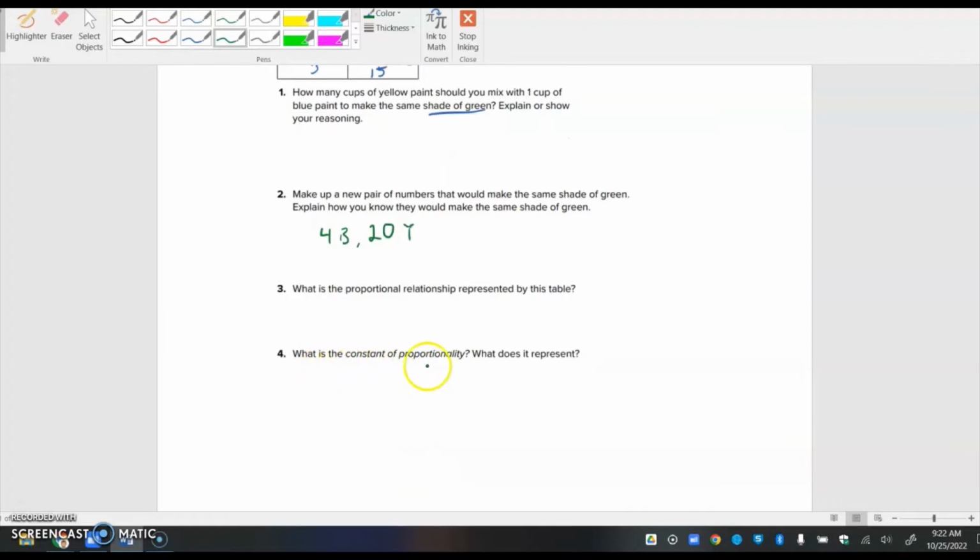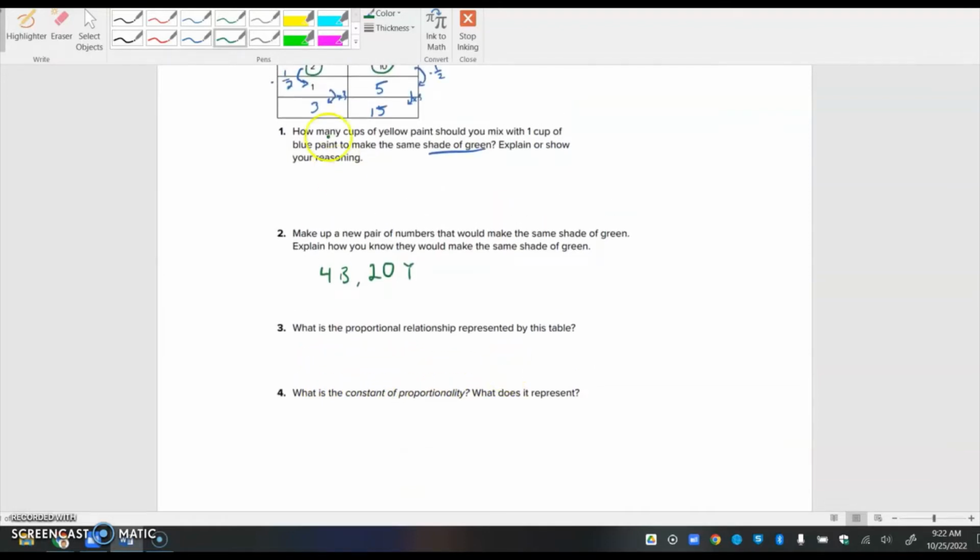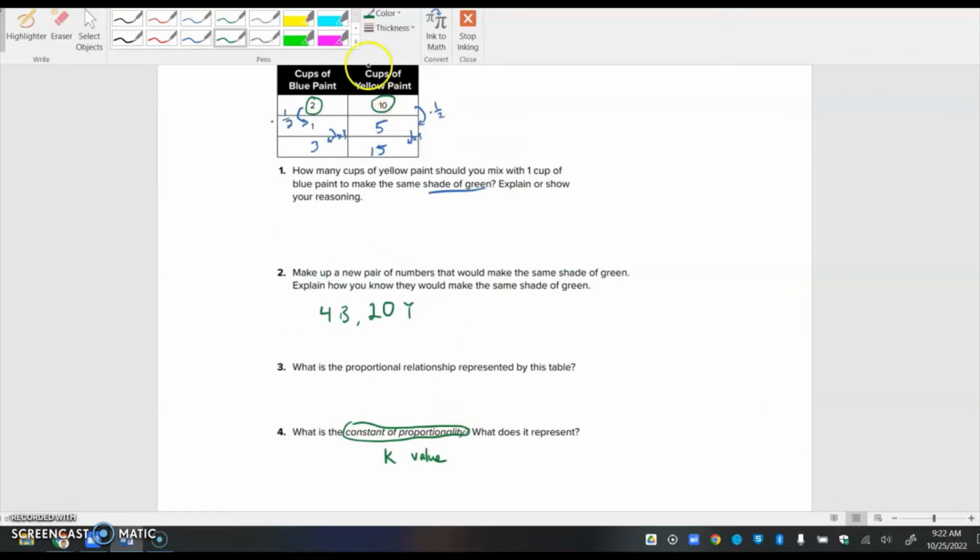What is the constant of proportionality and what does it represent? So this unit we talked a lot about this idea of the constant of proportionality. This was the k value. And what that means is, what did we multiply by every single time to go from my x to my y, my first row to my second row, here to here, here to here. Okay, and you can see each time there, we're multiplying by 5.